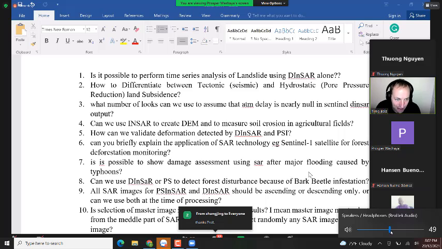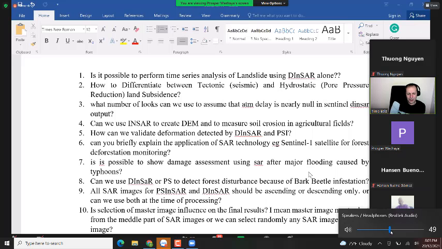Okay. Is it possible to perform time series analysis of landscape using DInSAR alone? Yes, basically, yes, there is a process that's called stacking. I think stacking, InSAR stacking or something like that, where you just stack these results one after another and not really solve for it like in PS InSAR.